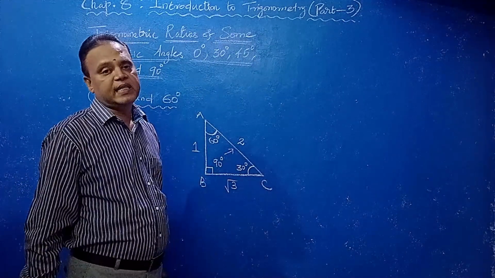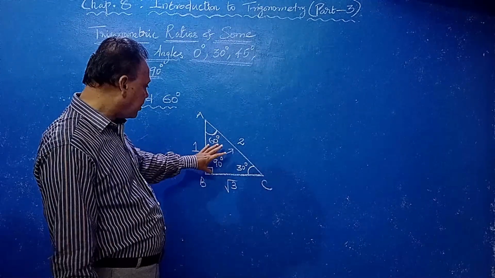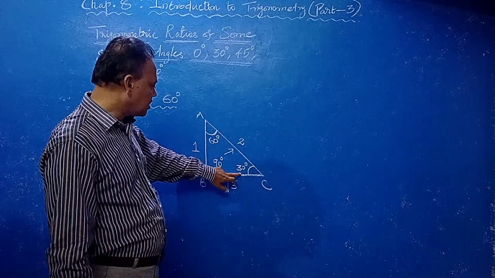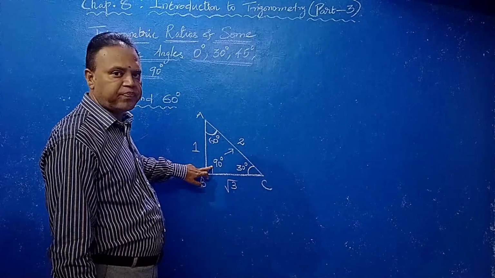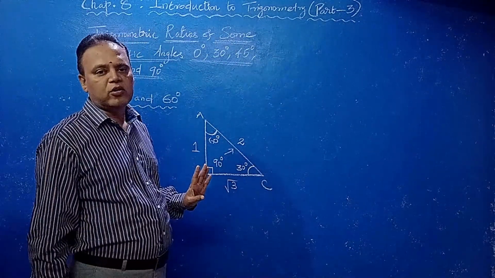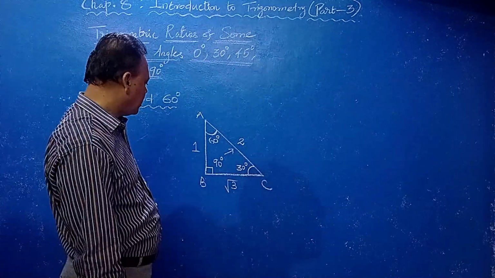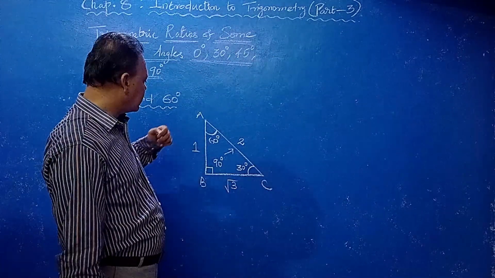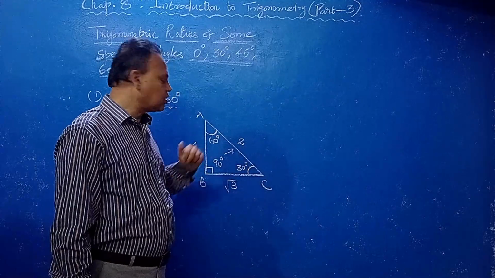So for the angles 30, 60, 90, the ratio is 1, 2, root 3. Base is root 3, perpendicular is 1, then hypotenuse is 2.